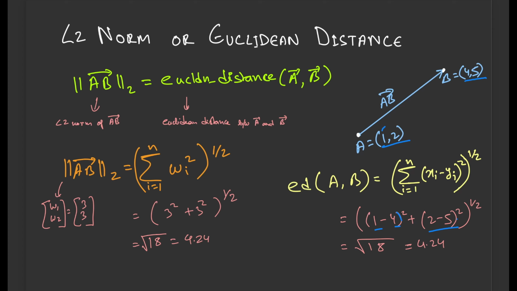Then we take the square root of the whole thing. So this will be minus 3 square plus minus 3 square, which will be 9 plus 9, that is 18. So square root of 18 is 4.24, which is the same as what we have seen for the L2 norm. So as we have seen already, the L2 norm of the AB vector is the same as the Euclidean distance between point A and point B.